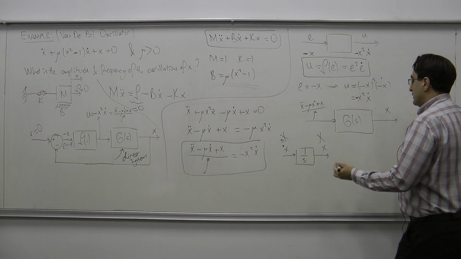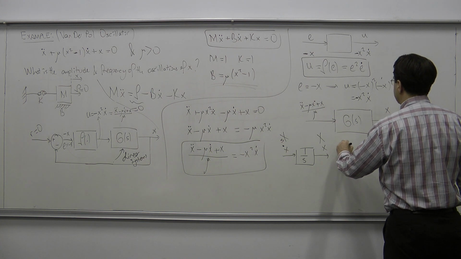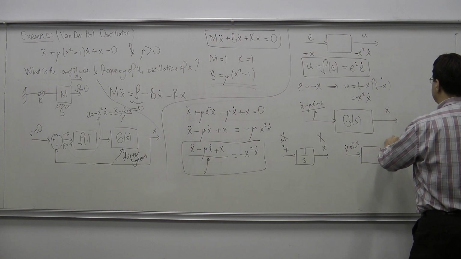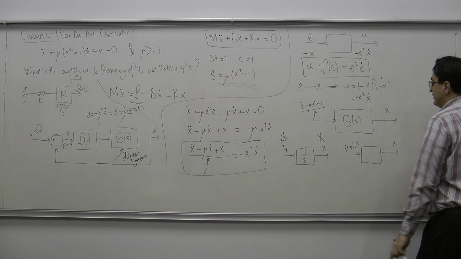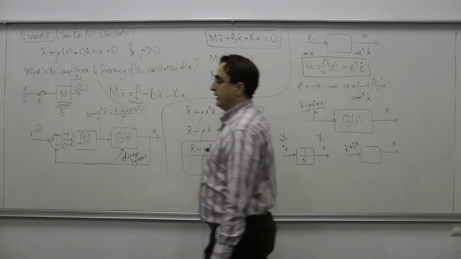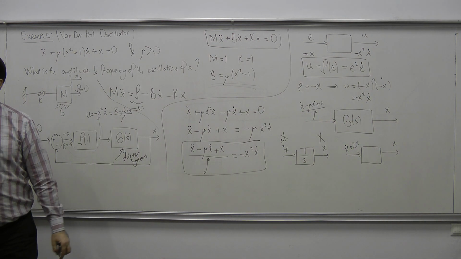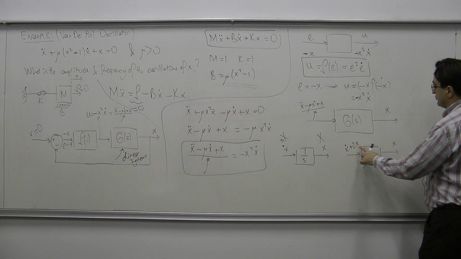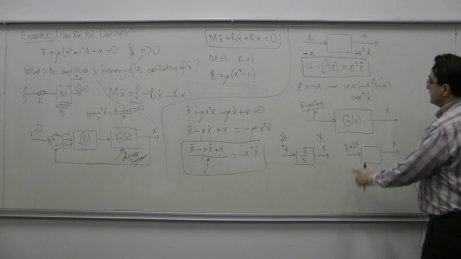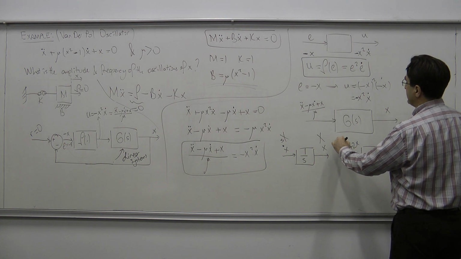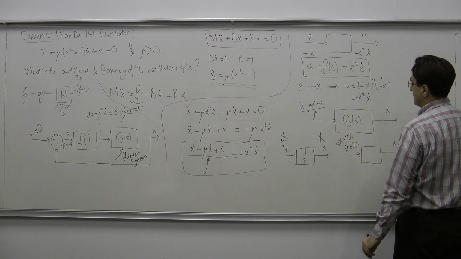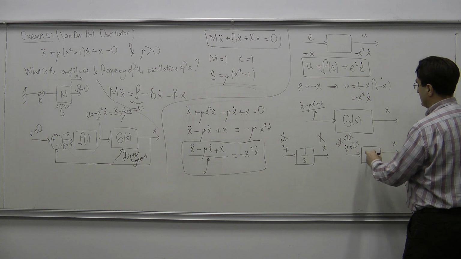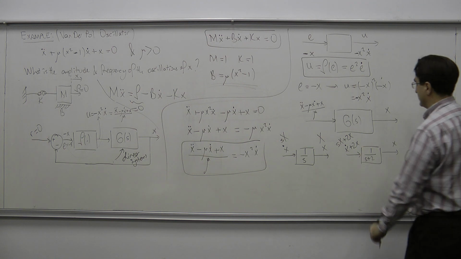Okay? So now let me look at another basic example, x dot plus 2x. In order to be able to convert this into x, which linear system would I need to put here? Which linear system would I need to put here to convert x dot plus 2x into x? In Laplace domain, this is sx plus 2x, okay? But this is s plus 2 times x, and this is capital X, which means that I need to put s plus 2 here.